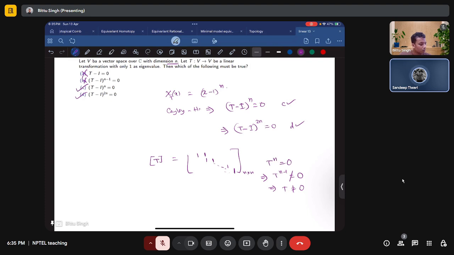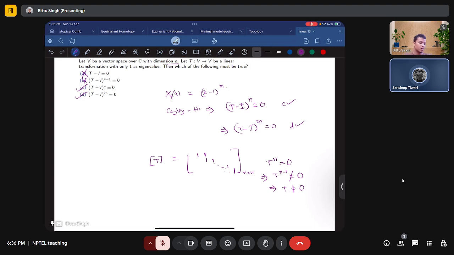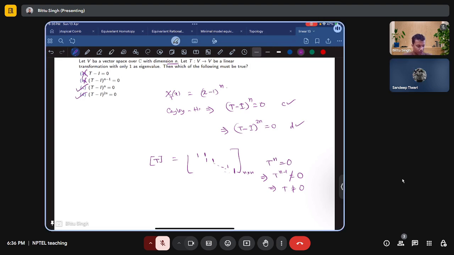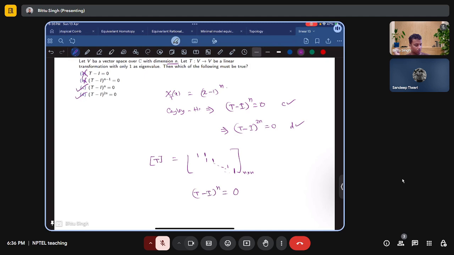This will not work for B. So we have to take 1, 1, 1 below the diagonal, sir. But in that case, no, no, this will also work for option B, because T to the power n will be 0 in that case. (T minus I) to the power n will be 0, but (T minus I) to the power n minus 1 will not be 0. So though this is 0, (T minus I) to the power n minus 1 is not.